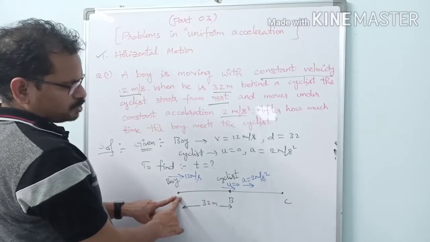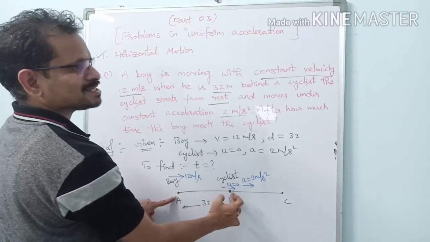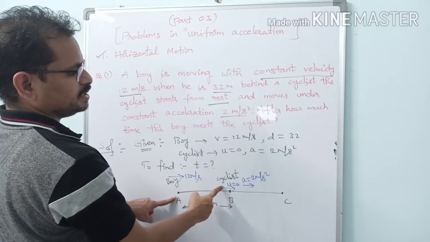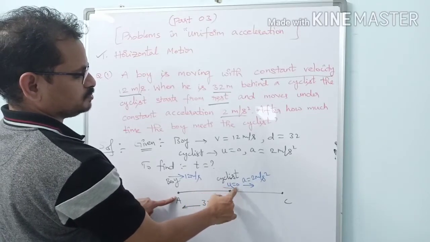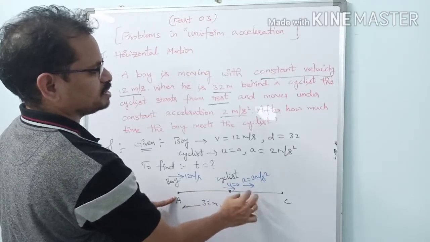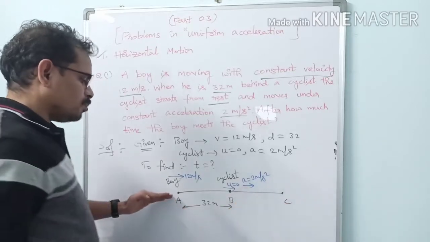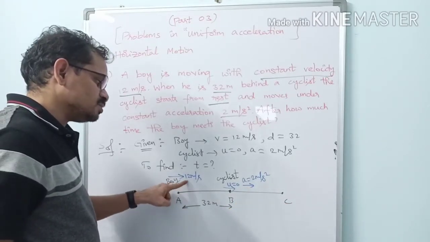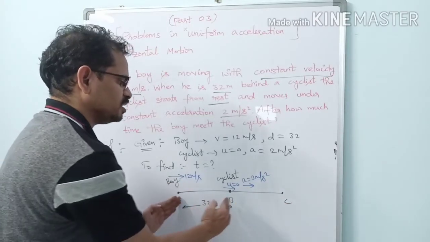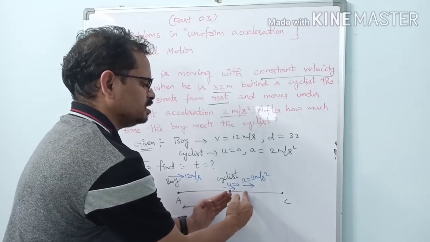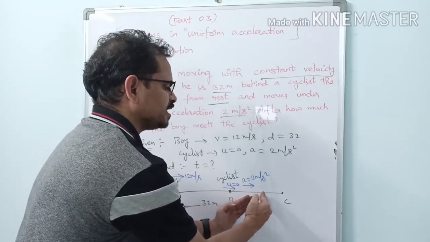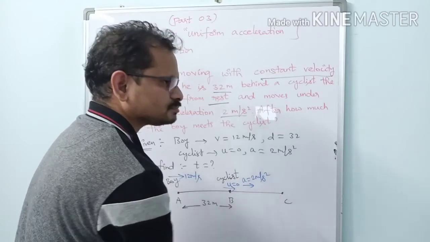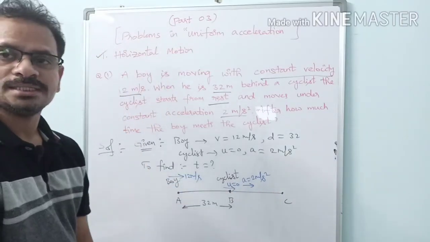When he reaches position A, the cyclist is just starting his journey, so take his initial velocity u as 0. The boy is moving with a constant velocity of 12 meters per second, while the cyclist is accelerating. At one stage, the boy meets the cyclist.